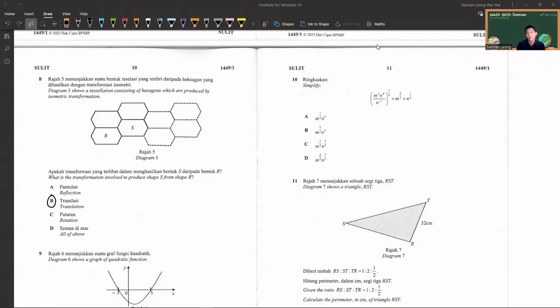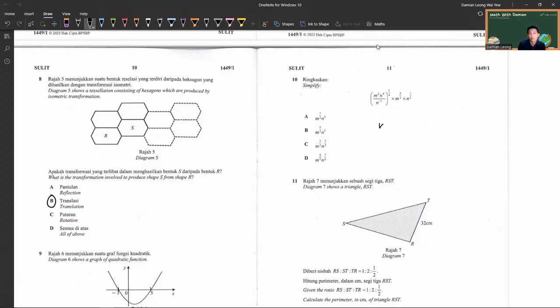We simplify inside the bracket first. Simplify the indices inside this bracket first. So, divide, power minus. The powers, we subtract if dividing. So 4 minus -1 is 5.